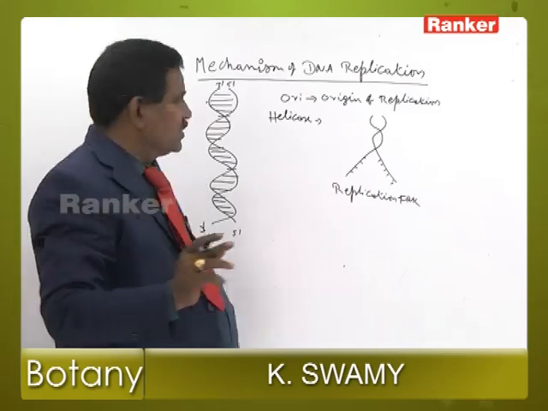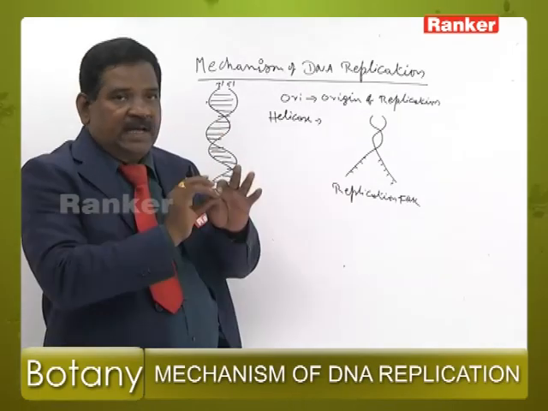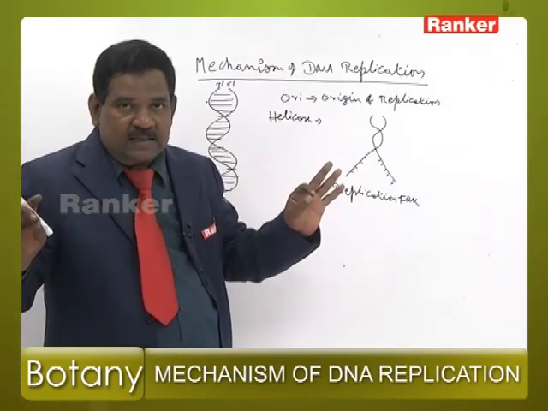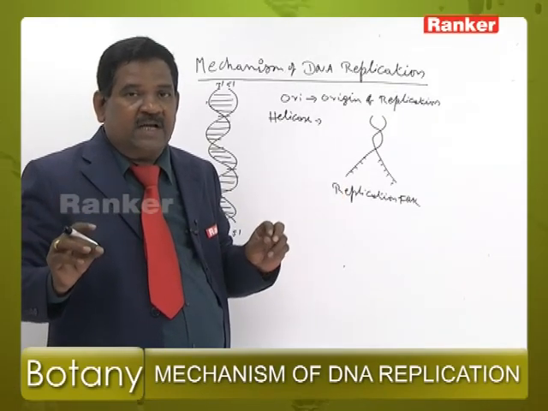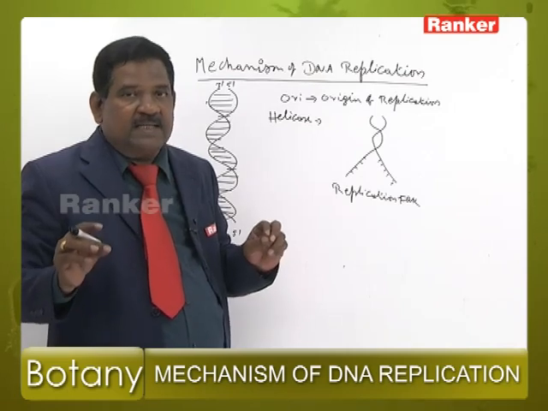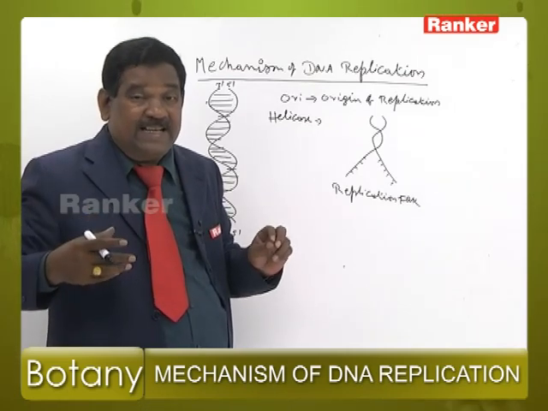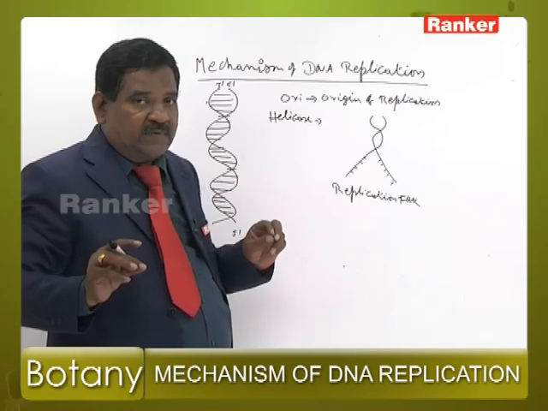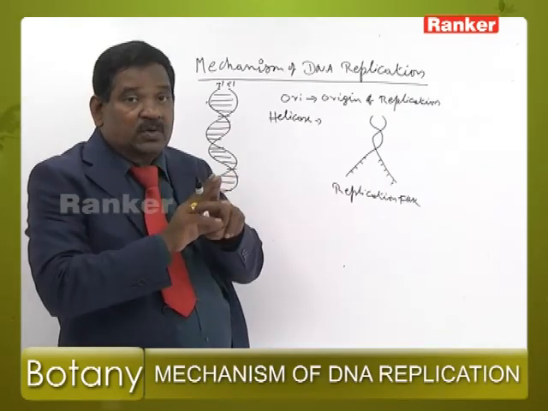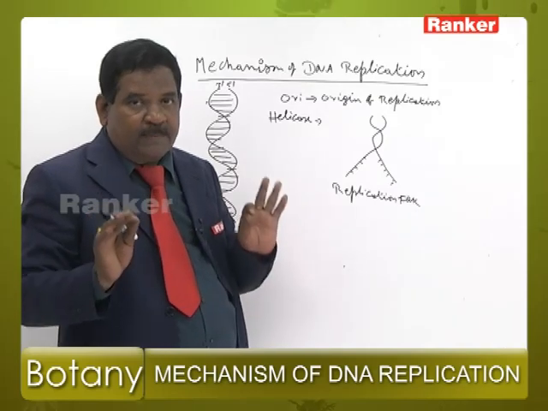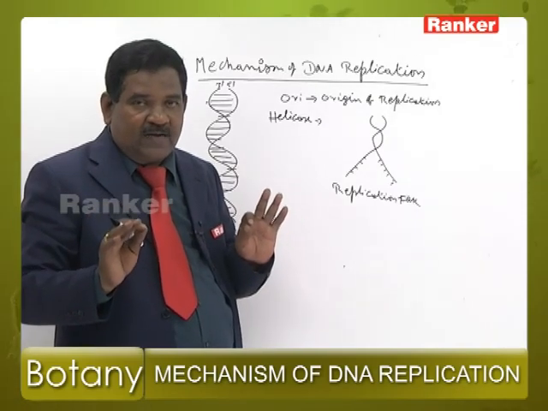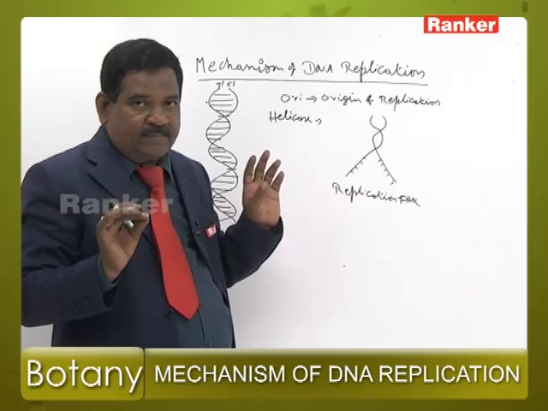During replication, the two strands of the long DNA do not separate at once in a single stretch, because it is an energy consuming process. That is an endergonic process; high energy is required. Because of that, only in some region do the two strands unwind. That region is the origin of replication. The enzyme involved in unwinding is helicase.